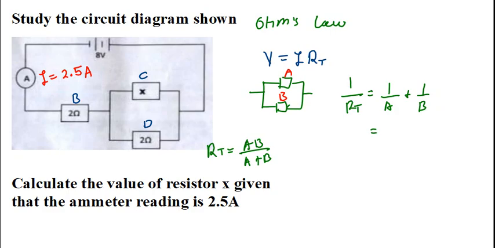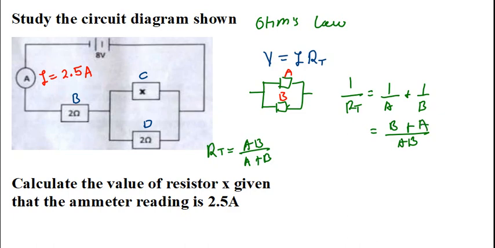The common denominator is just multiplying this one and that one, so the common denominator is AB. Then A into AB is B, and here it would be A.